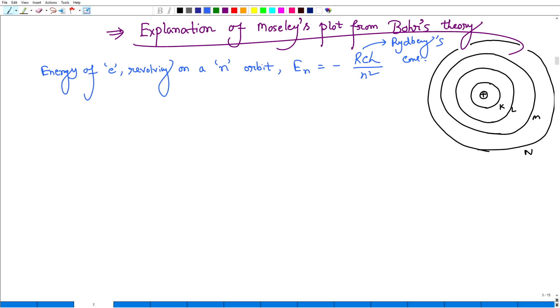One thing we have to keep in mind always: Bohr's theory is only for hydrogen-like atoms, not for any atom, because for any atom there is more than one electron and we have to account for the electron repulsion term, which we did not account for while calculating the energy using the Bohr model. That is not trivial. Even today, scientists can only deal with the hydrogen-like atom problem.